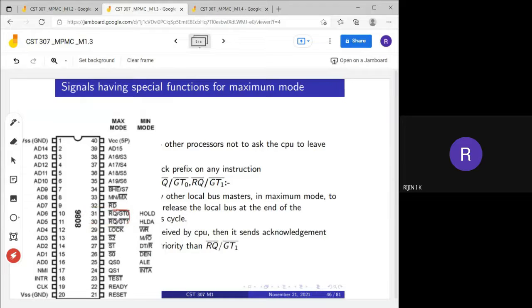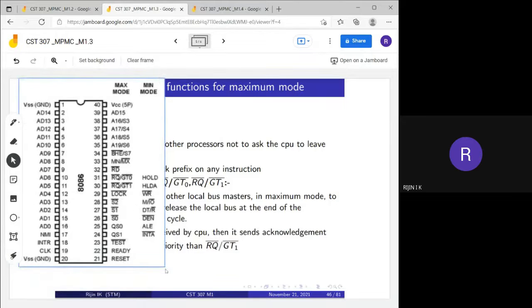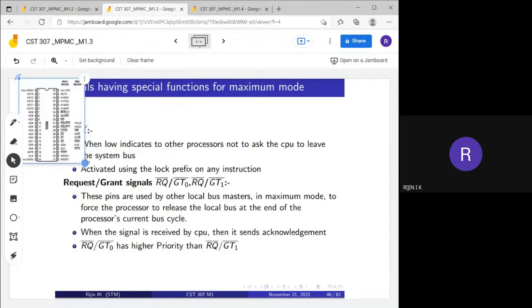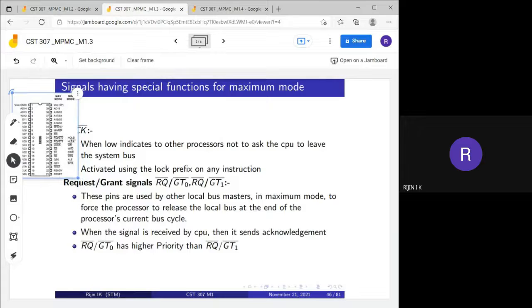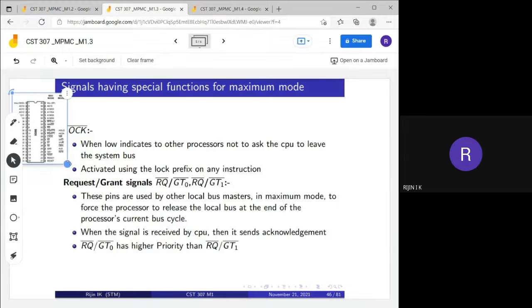These two pins are used to indicate the request or grant signal. What is this request or grant signal? Actually, these pins are used by other local bus masters in maximum mode to force the processor to release the local bus at the end of the processor's current bus cycle.